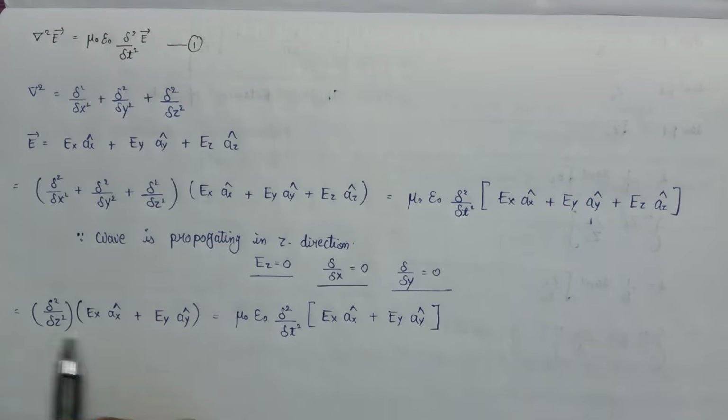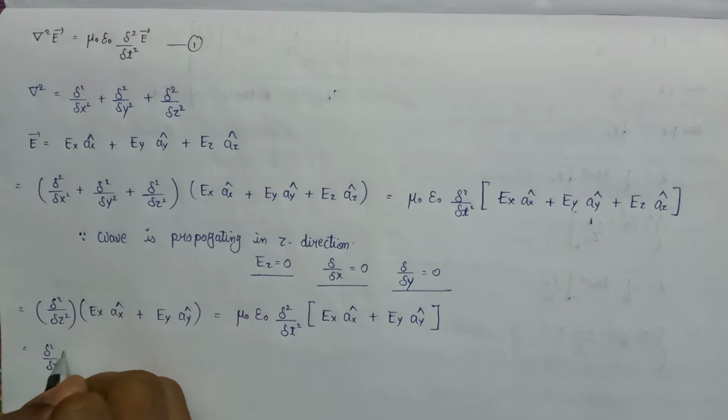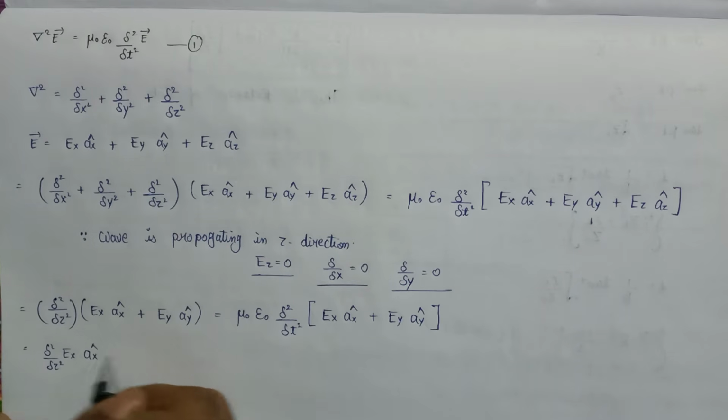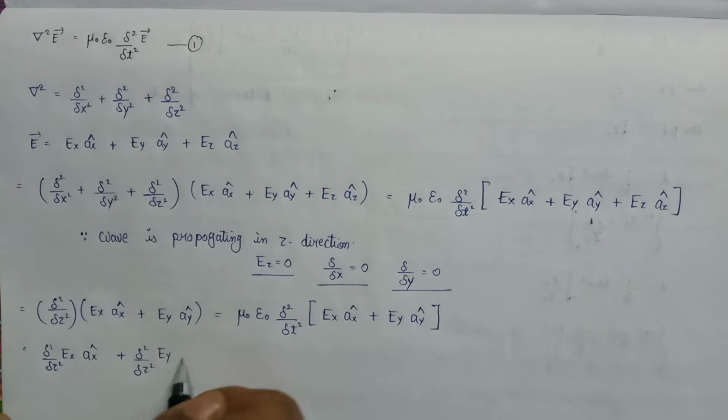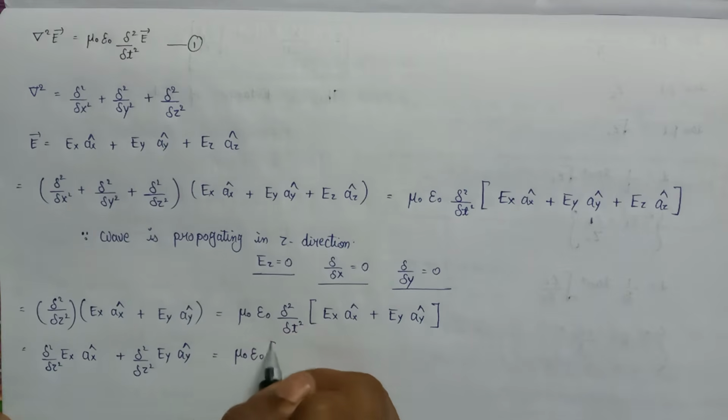Now on multiplying it inside the bracket, we get del 2 over del z square of Ex Ax cap plus del 2 over del z square of Ey Ay cap is equal to mu 0 epsilon 0.